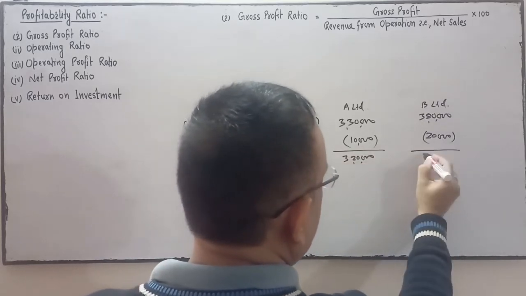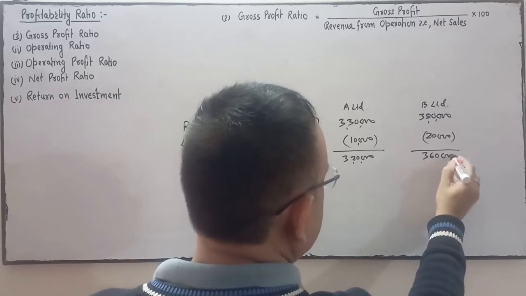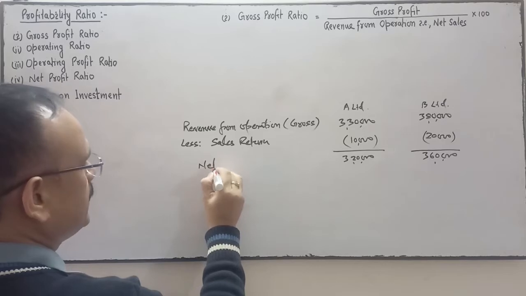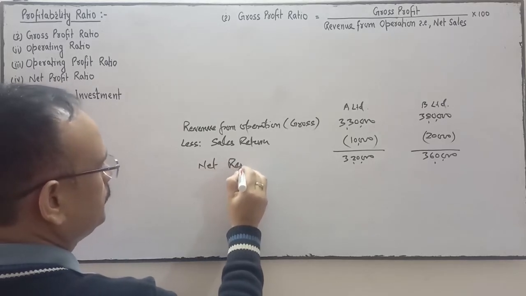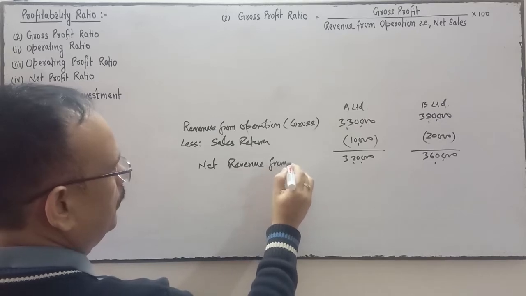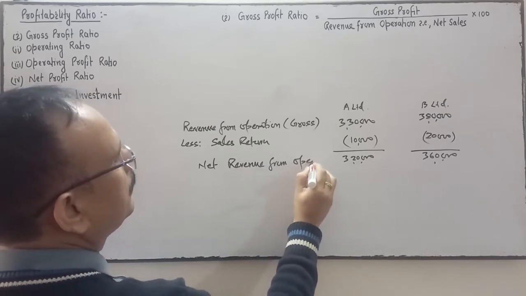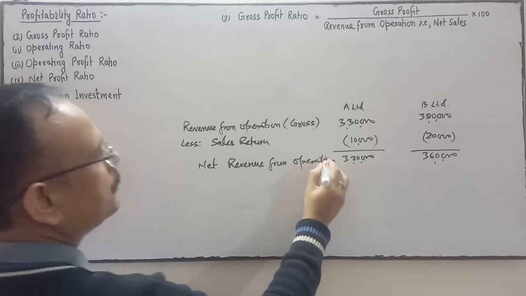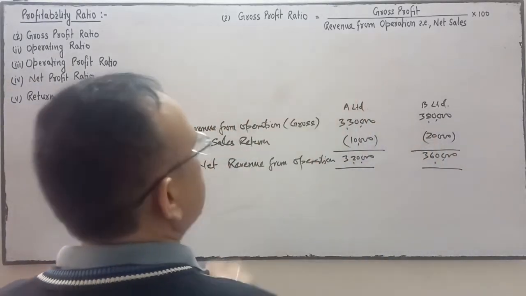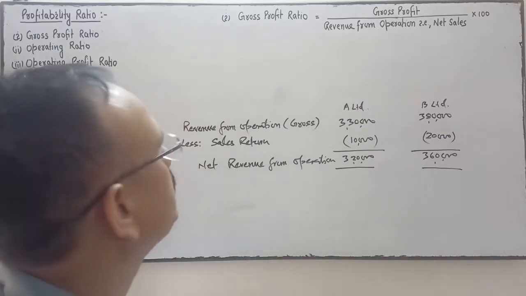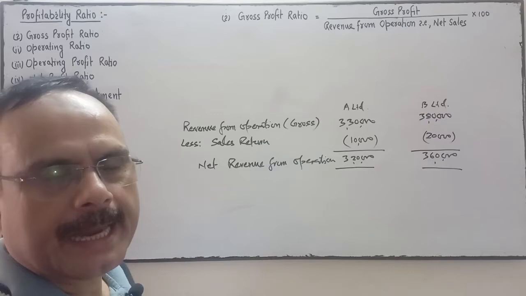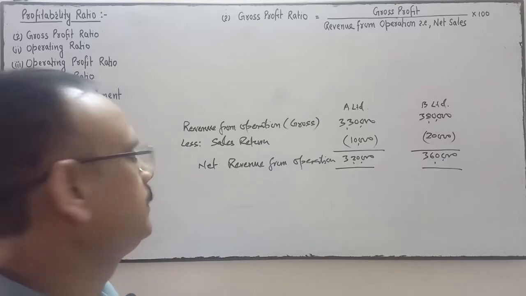After deduction it is 3,20,000 and 3,60,000. This is the net revenue from operation. First we have to find out the net revenue from operation. Then we will calculate the gross profit ratio of both company A and company B.